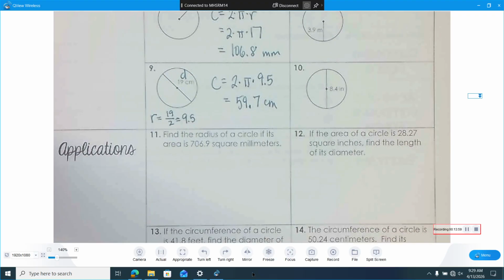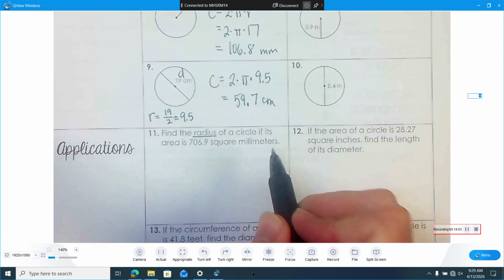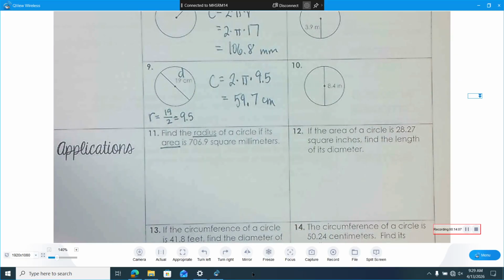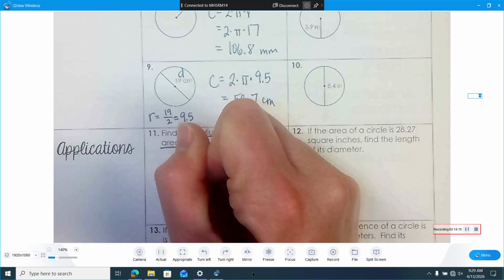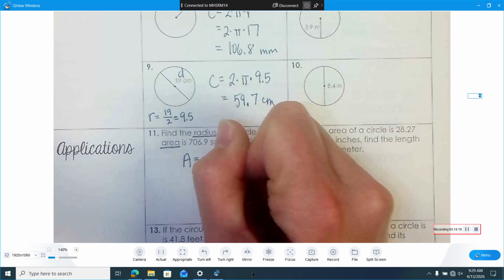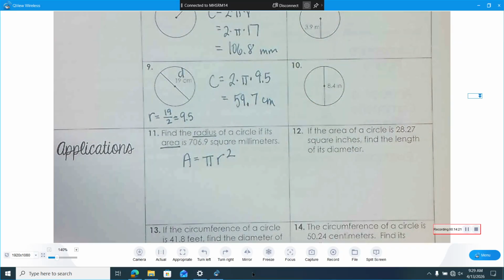So applications. Let's look at these really fast. It says find the radius of a circle if its area is 706.9 millimeters. They're talking about area. What formula should I write down? Area equals pi times radius squared.